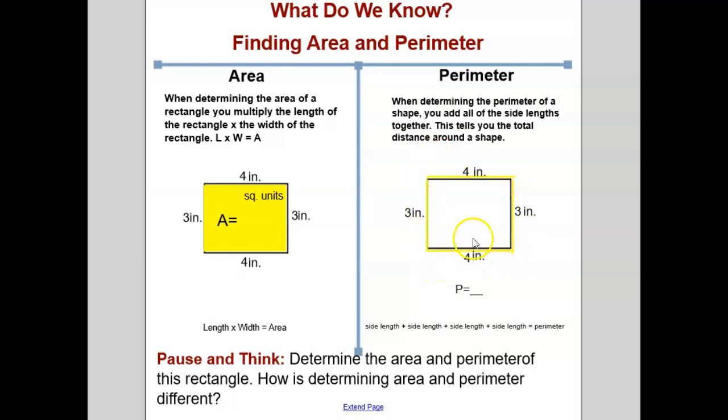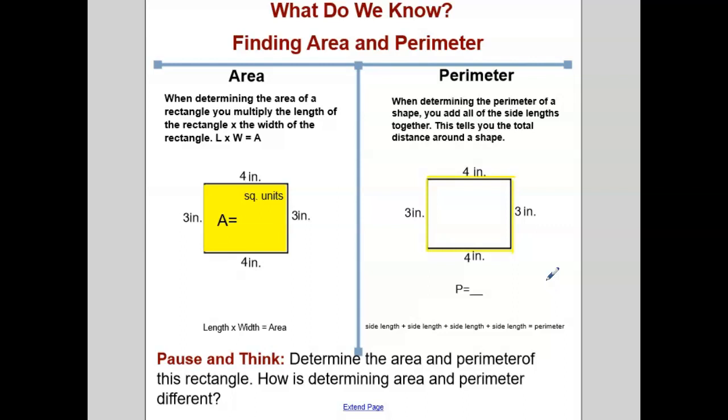So you very carefully add each of the side lengths to determine the total distance of all of the side lengths put together. Would you please pause the video? And when you pause the video, your task is to determine both the area and the perimeter of this rectangle. You'll notice that this rectangle has the same dimension. Would you please determine the area and the perimeter of these rectangles and tell me, how was finding the area and the perimeter of these rectangles different?